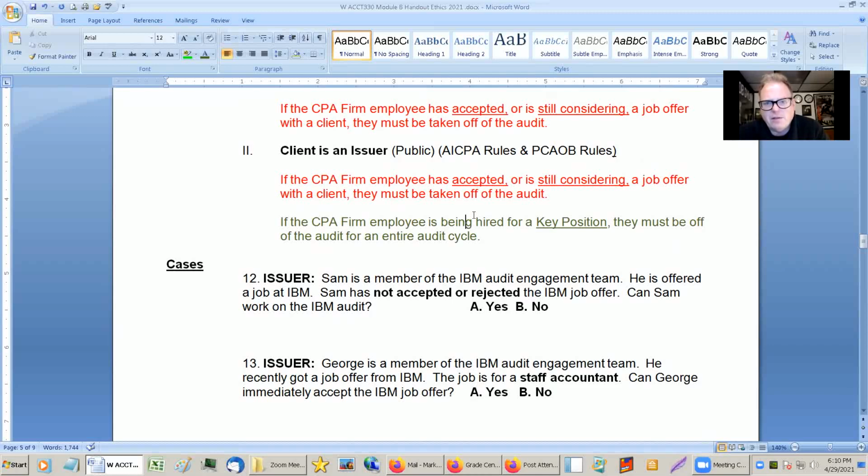And so key position, we're usually talking about people who are up the ladder, and these would probably be in the finance area anyways. But so they're being hired for a key position, they must be off the audit for an entire audit cycle.